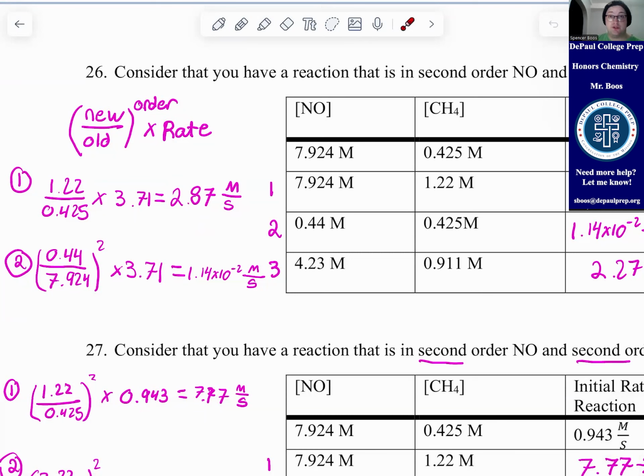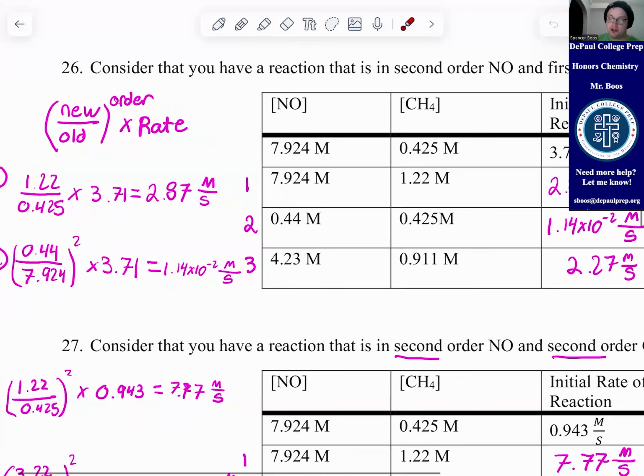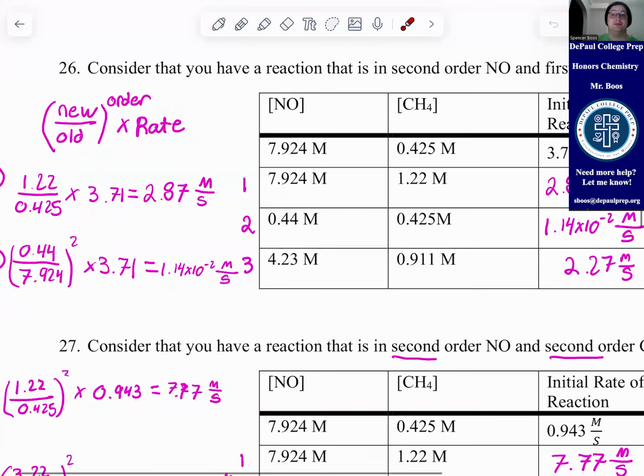With the next one, these two are the same, so we ignore them, but now these two are different. So we do new over old raised to the order, which in this case is second order, times 3.71, for a grand total of 1.14 times 10 to the negative second molar per second.